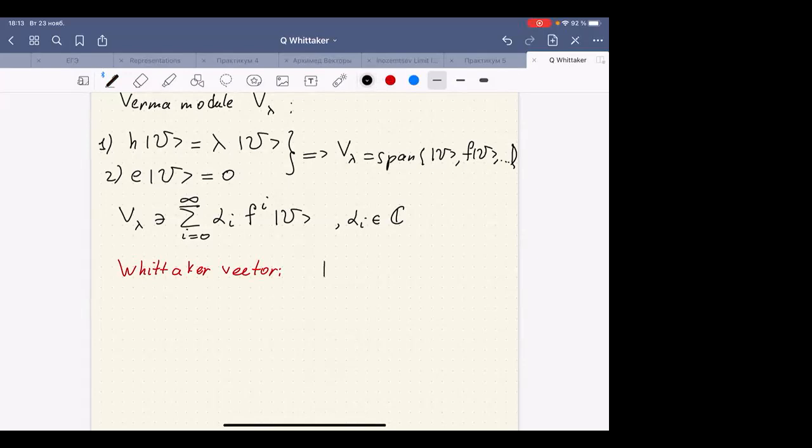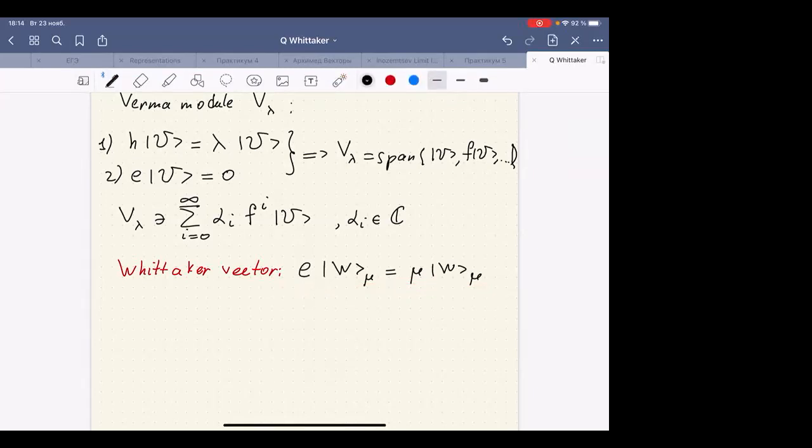I will denote it W with index mu, and it has the property that E acts on the Whittaker vector by a scalar mu. So it is something like a coherent state. The element E acts by scalar.